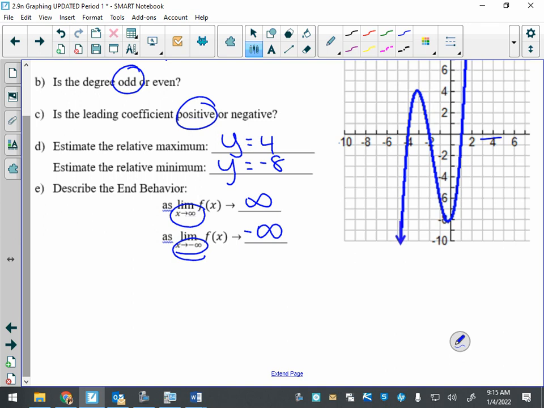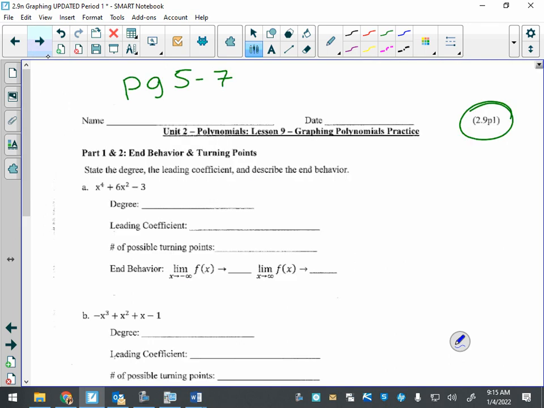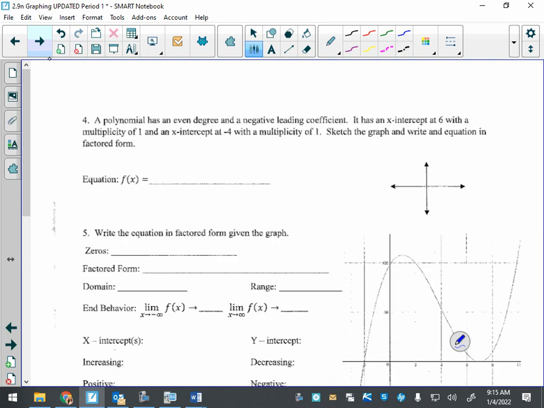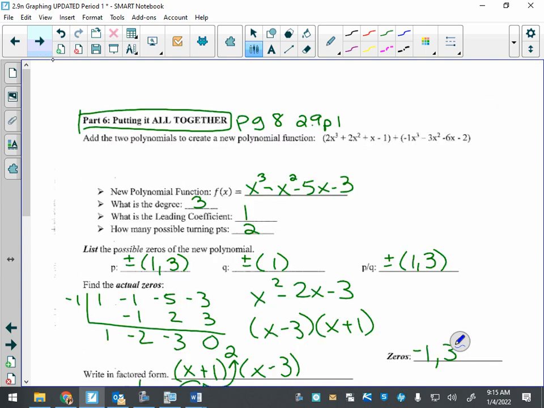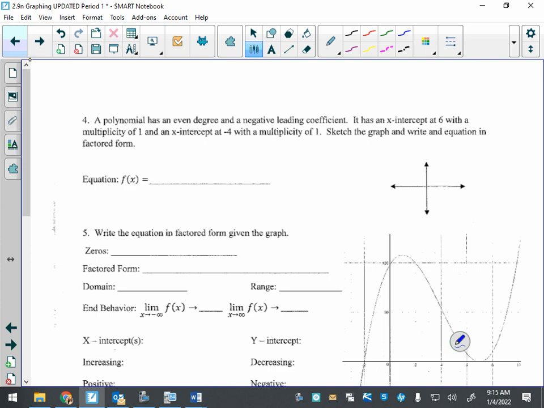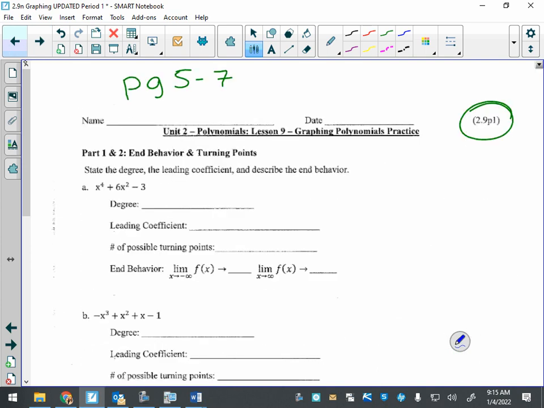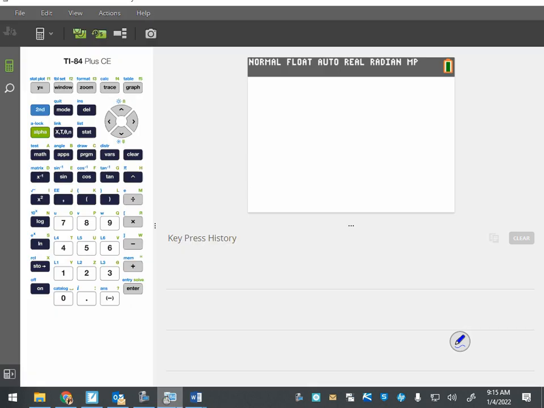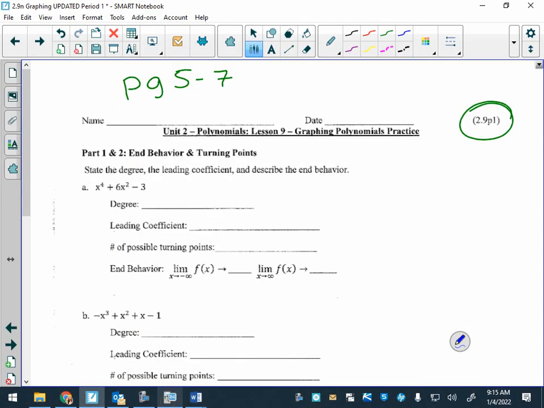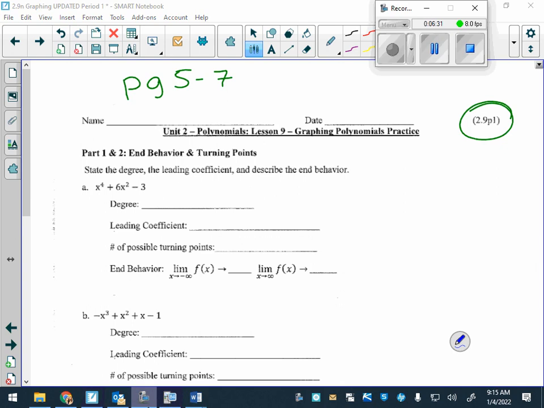Before break, we started to look at the practice. We didn't get very far. We did number 6. We did this one together by tying it all together. But if you look at pages 5 through 7 in your packet, as a little recap, we'll do a few of these together.